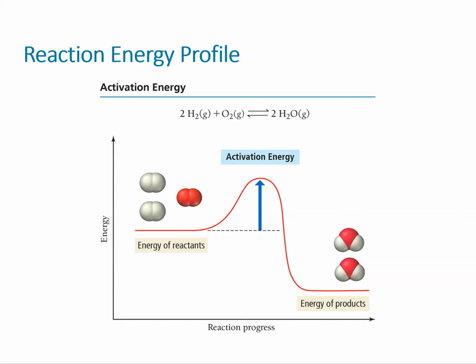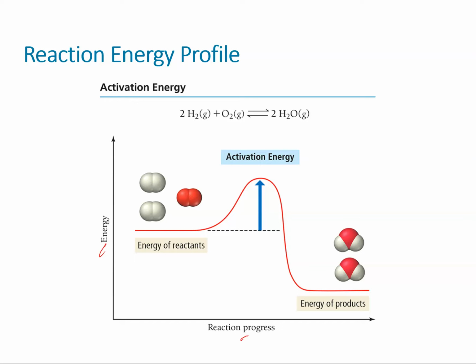I want to take a moment to talk about this plot because it's so important. Notice on the y-axis we have energy. On the x-axis we have reaction progress. And we're going to model just the reaction of hydrogen gas with oxygen gas to form water in gas phase.